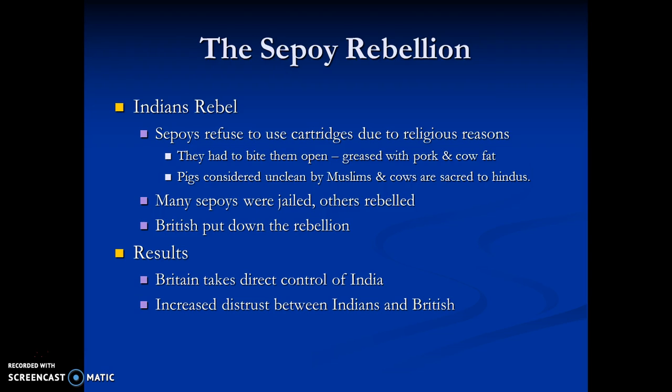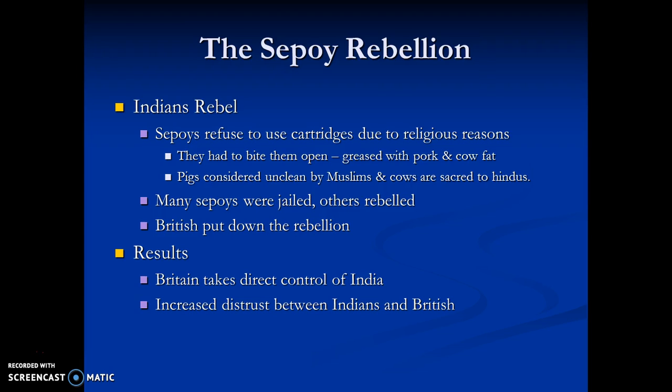Now this went directly against Muslim beliefs because Muslims have taken a solemn vow not to ingest pork or pig due to the fact that it is considered to be very unclean. Pigs often eat their own feces, which again gets into their meat, so it's kind of a nasty thing that they don't want to deal with.